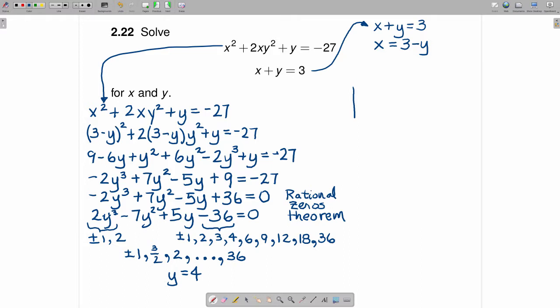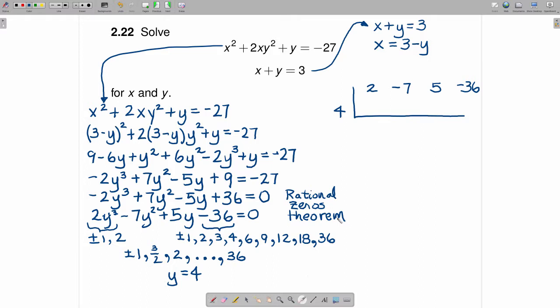So here's the way you do synthetic division. You put the 4 right here, and then you put the coefficients 2, -7, 5, and -36 up above here. So this is 2, -7, 5, and -36.